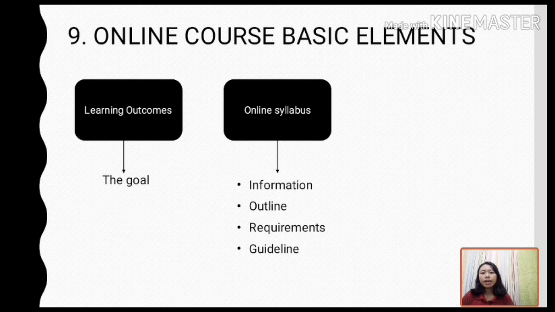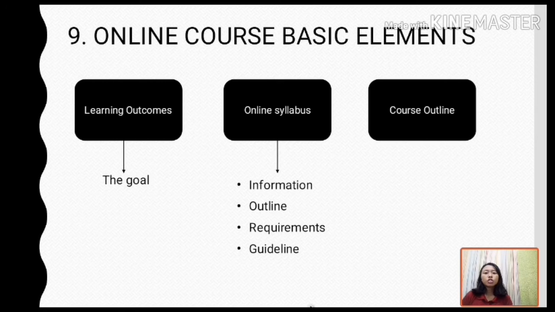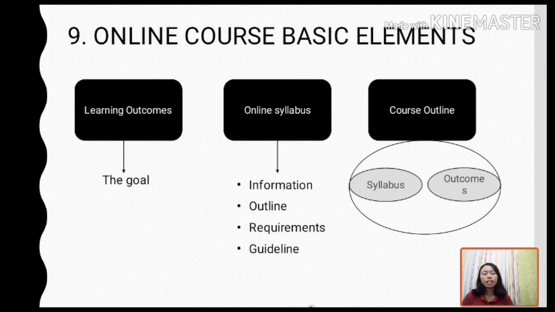And the last element is the course outline. The course outline basically is the version of the syllabus and the outcomes. So the course outline will tell the students what they are going to learn, what the expectations are, and what the requirements of one online course are.